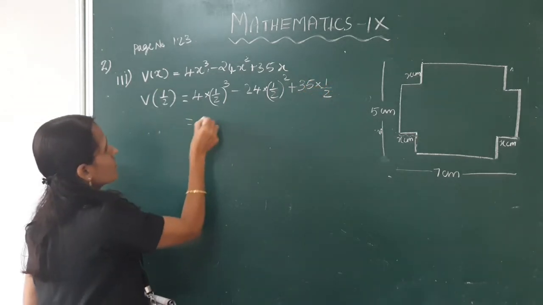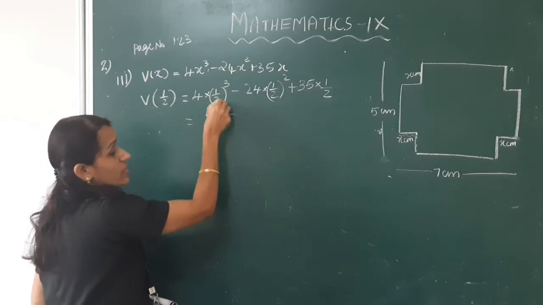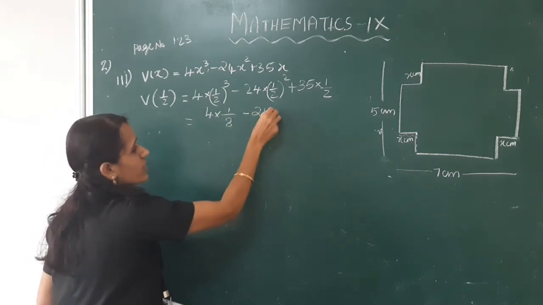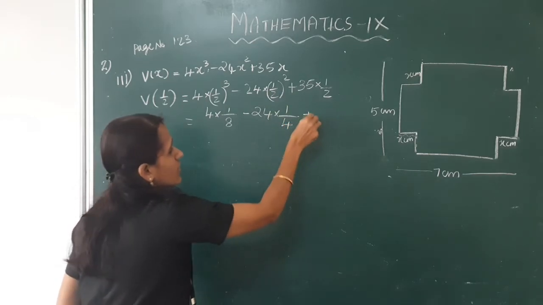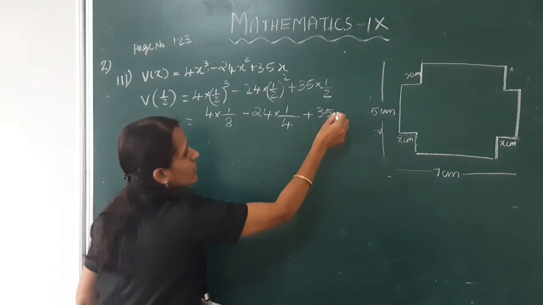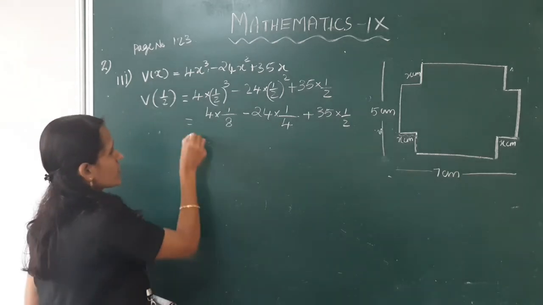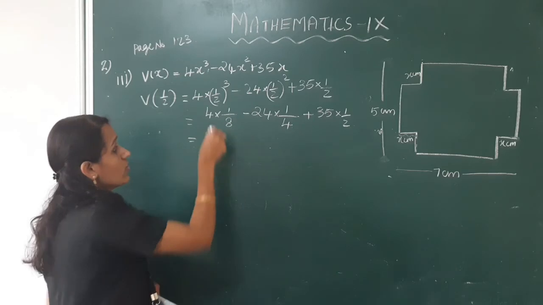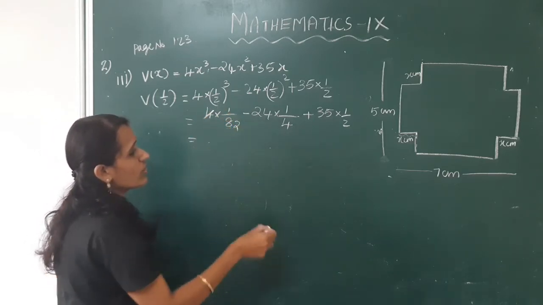This is equal to 4 into, here numerator square by denominator square, 1 by 8 minus 24 into 1 by 2 square is 4 plus 35 into 1 by 2. This is equal to 4 and 8 is a multiple of 4. 4 divided by, this is equal to 1 by 2.